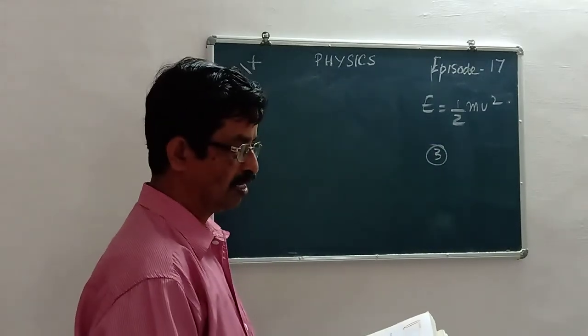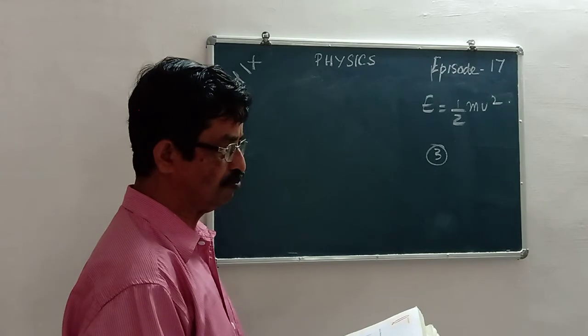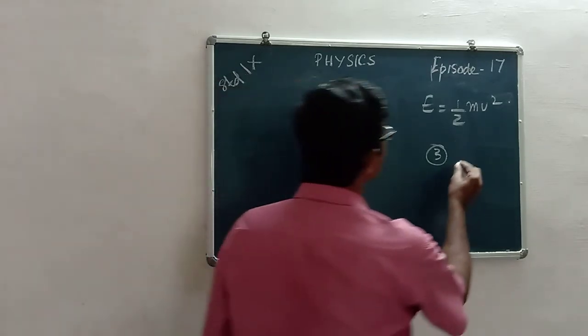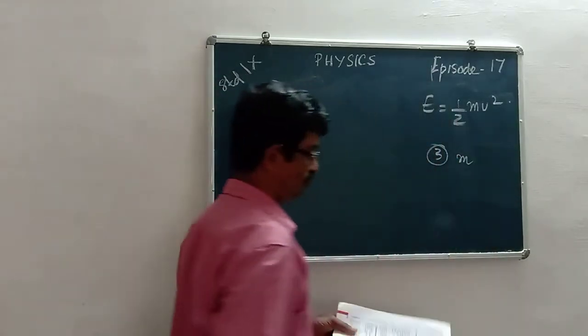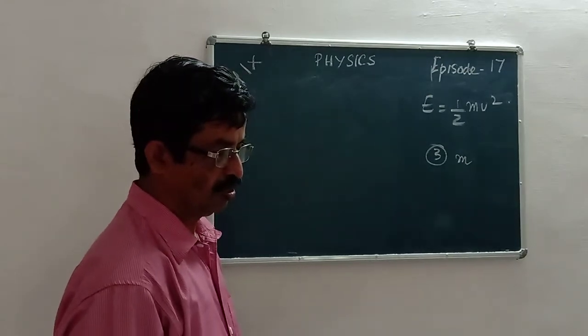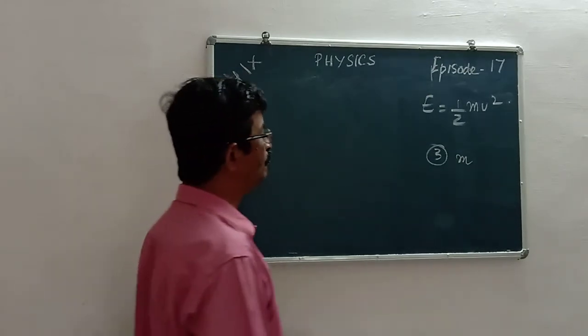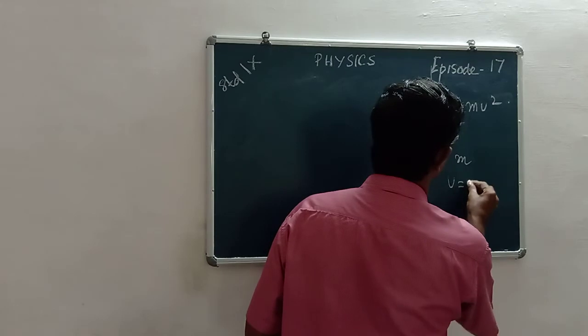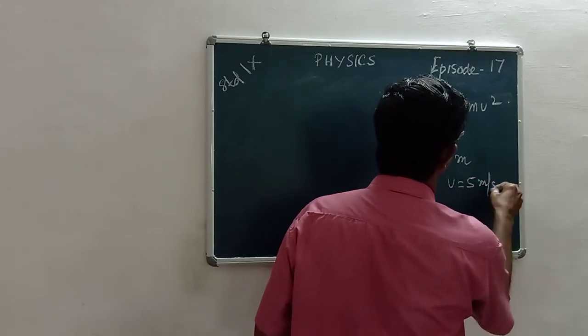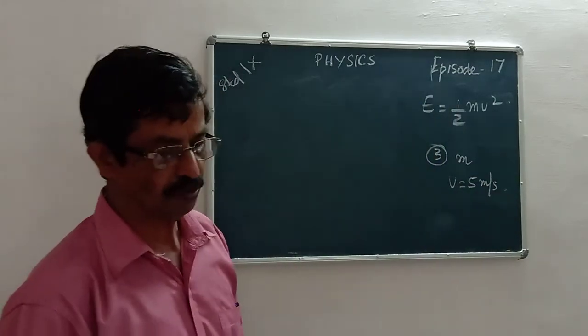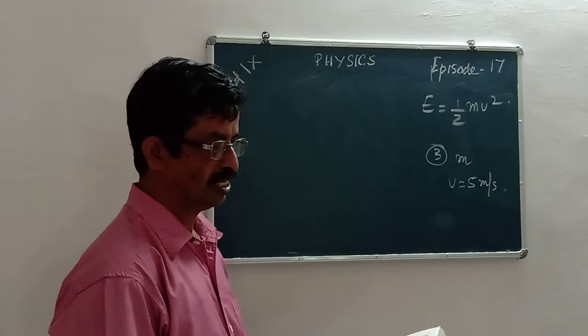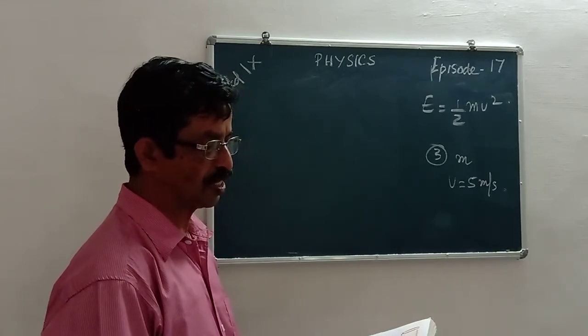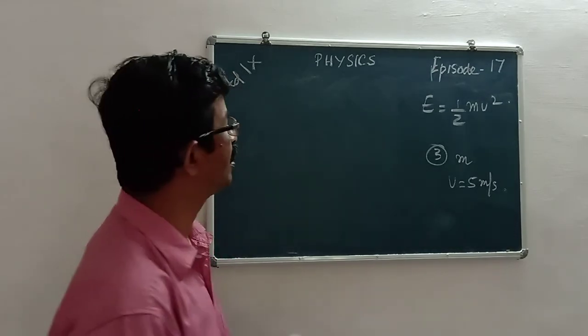See, the kinetic energy of an object of mass m, moving with a velocity of 5 meters per second. What is its kinetic energy when its velocity is doubled?